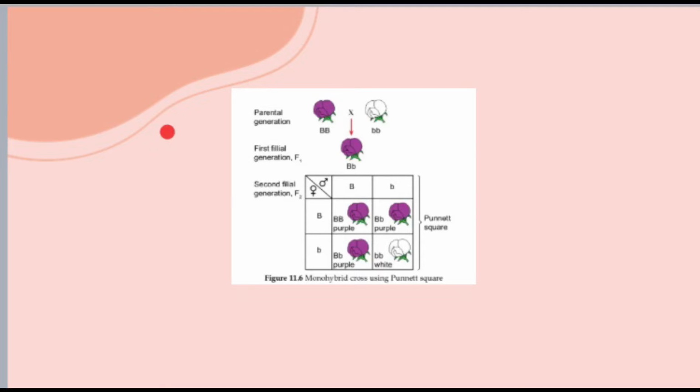So dominant will always show its trait. And there is a Punnett square, as you can see. It gives the product of the second filial generation. Yes, that is the product.